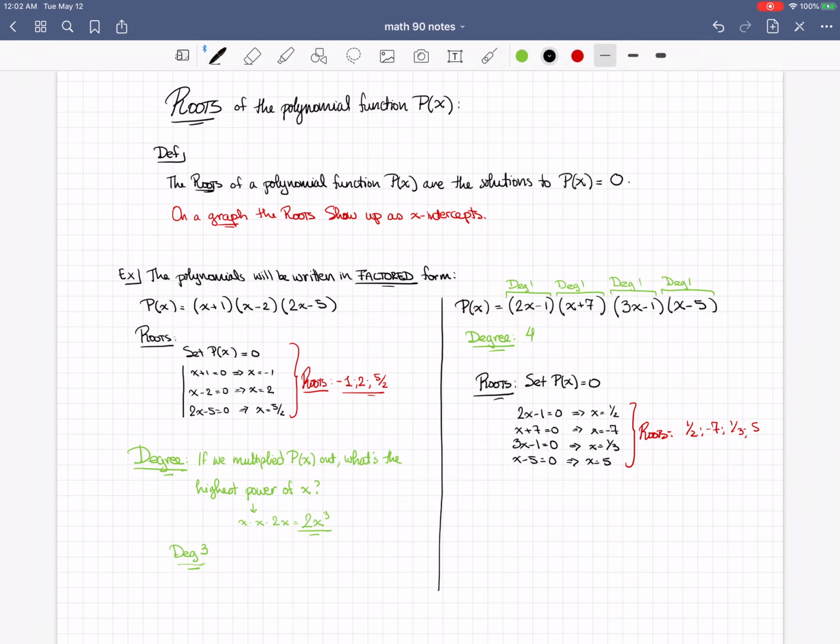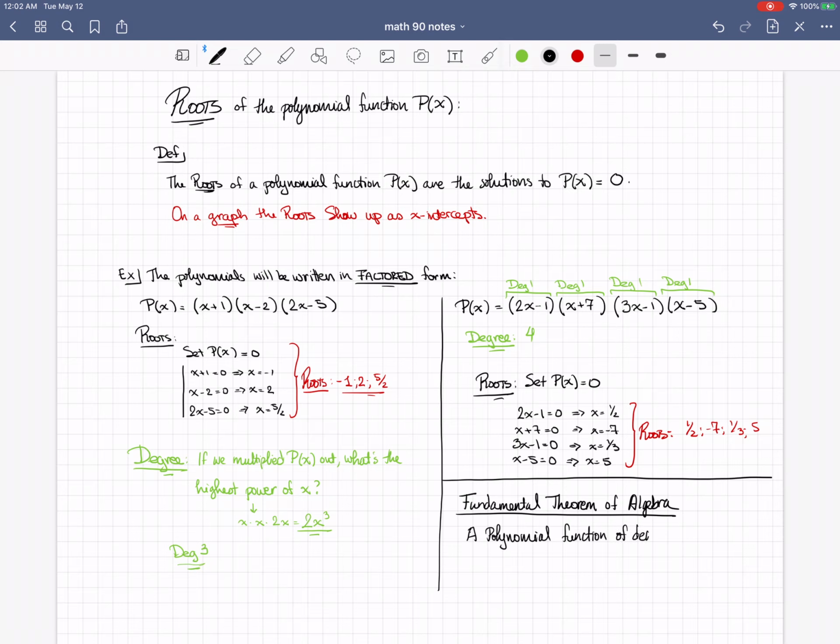So I'm going to write up, to finish this example, to finish this lesson: this is a huge deal. In fact, it is so huge that it's actually called the fundamental theorem of algebra. A polynomial function of degree n has n roots.